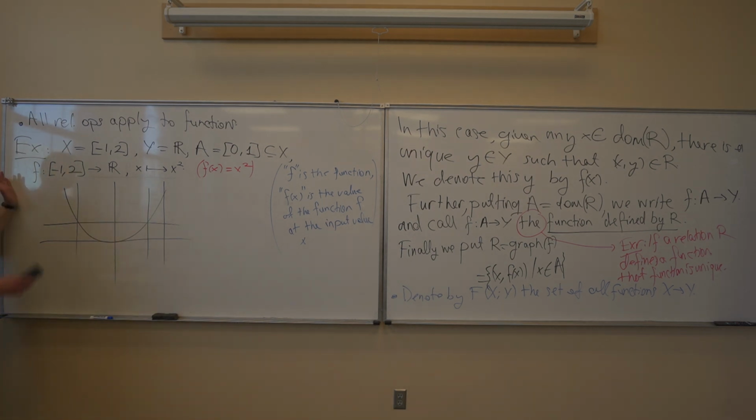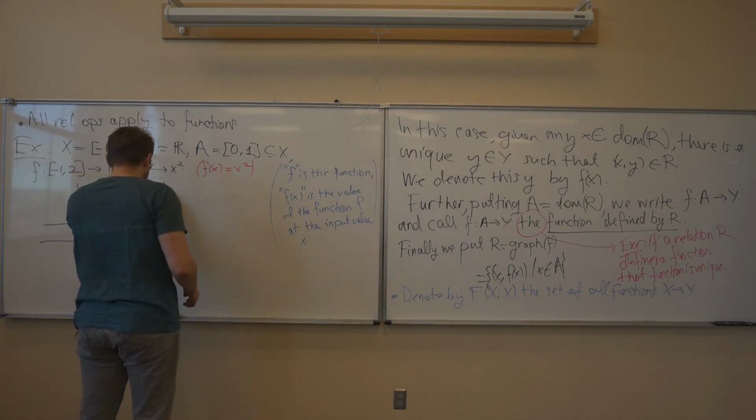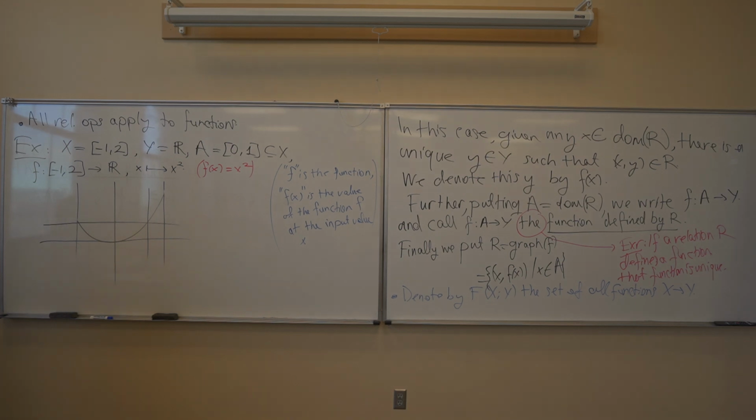Now, in this formalism, you see the input set is part of the function, in a sense. That is to say, just x squared defined on the reals is not quite the same function as this function. Its input is restricted. So this is not quite the graph of it. Its graph is the following. Like this, and then here it ends as well. Okay? So that's the graph of it.